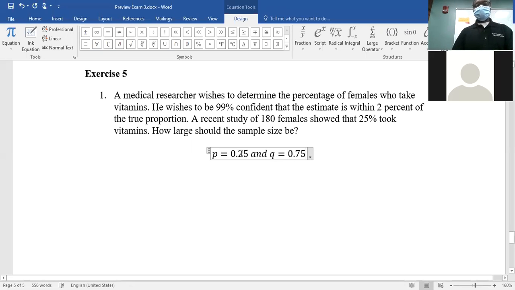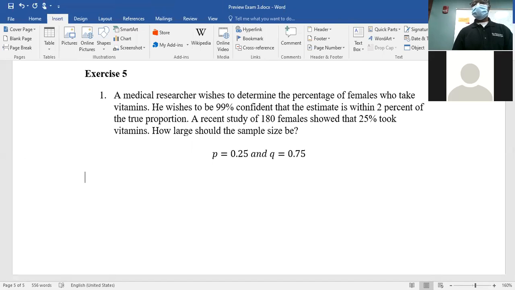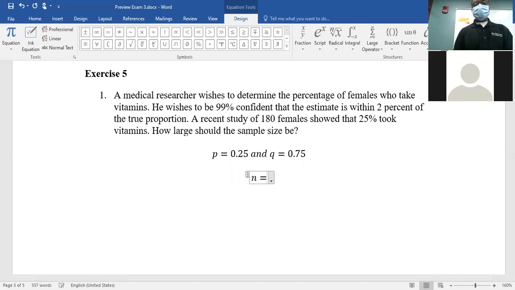So n will be n equals PQ times Z alpha over 2 divided by E, squared.